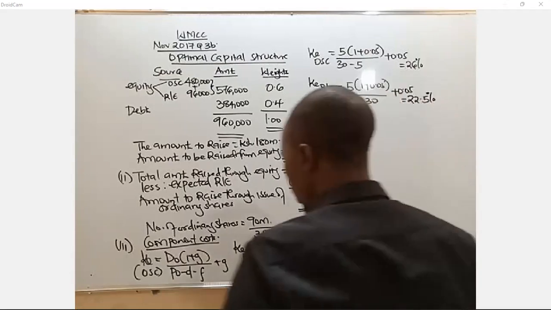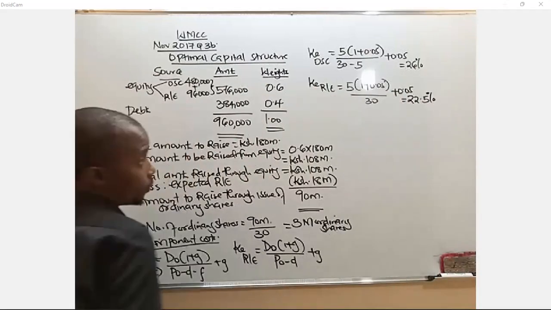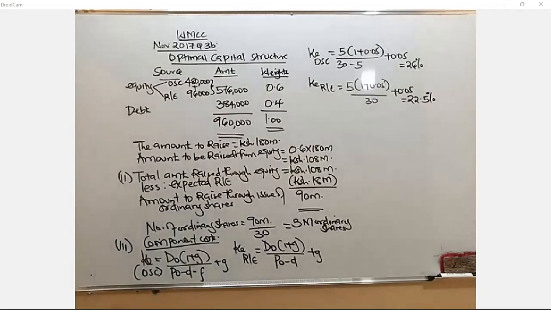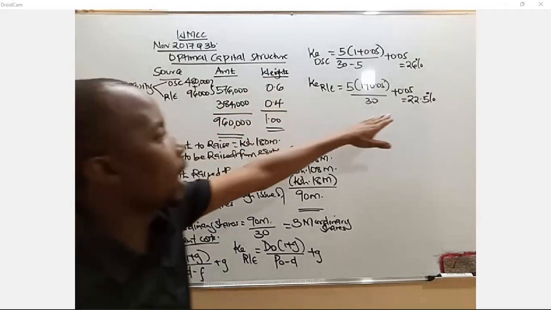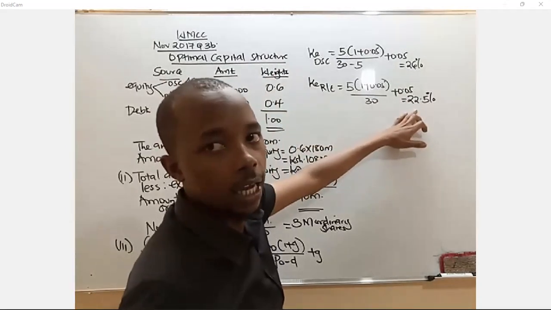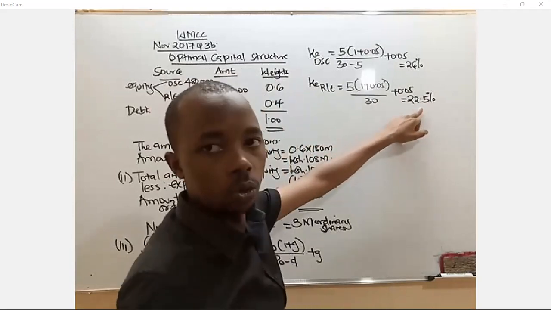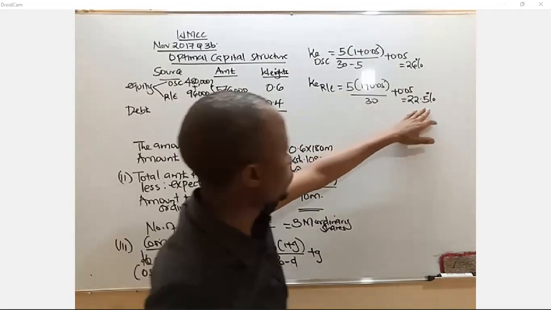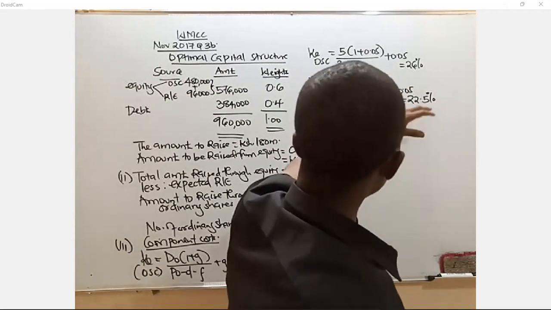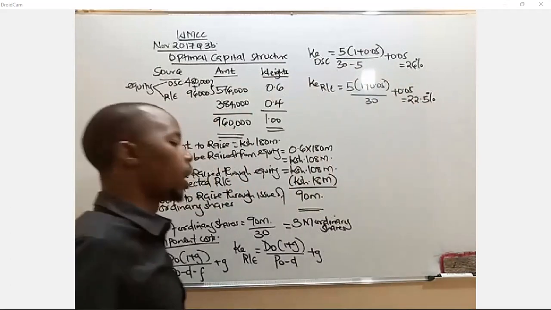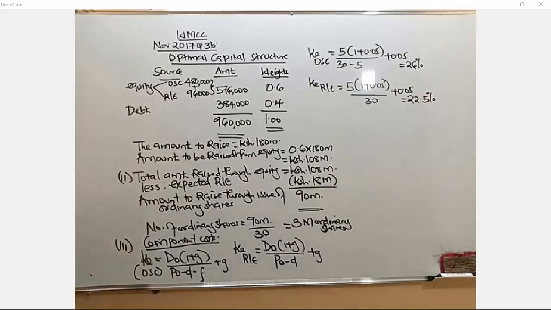Even if you are being told to compute the breakpoint, you can see that the retained earnings are the cheaper source of finance. They are very cheap, so we are going to be utilizing it fully. That is what you have to be checking on. In that case, we are going to be expounding more about the breakpoint.